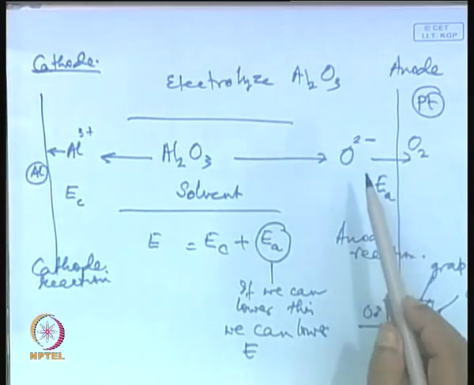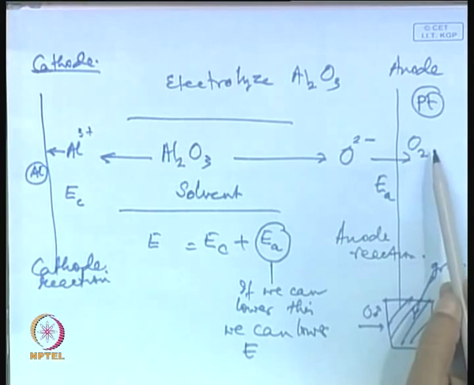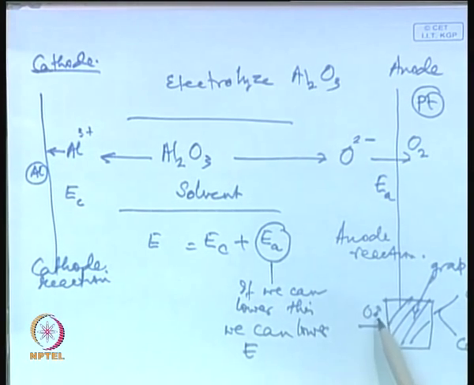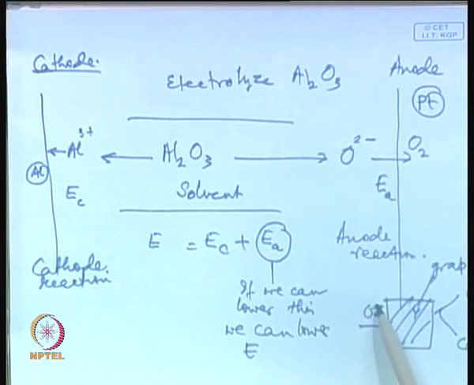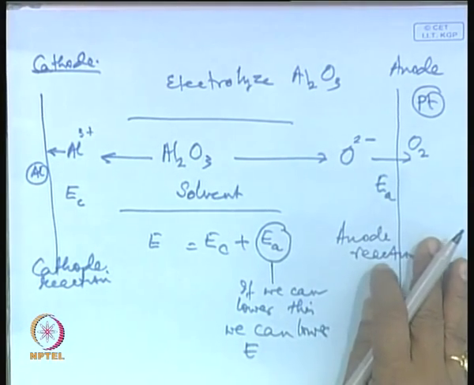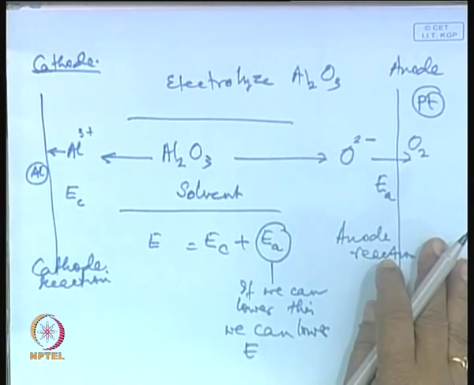So, the reaction is not oxygen ions giving you oxygen gas, it is oxygen ions reacting with carbon to produce CO2 gases. So, it is a totally different anode reaction, and actually it brings down the voltage requirement.